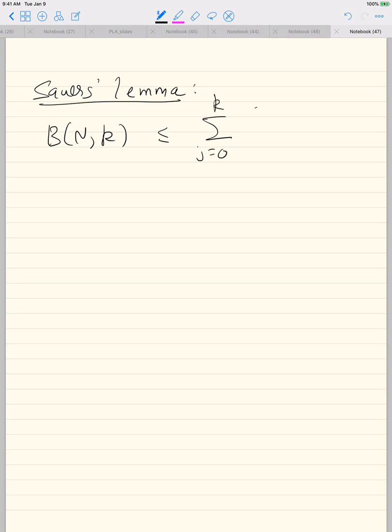Once you have this, there is a lemma called Sauer's lemma, which says that B of n, k is less than the summation of j going from 0 to k minus 1 of n choose j, as in the statement of the theorem. The final result follows by just expanding this binomial summation, and you end up with this. So this is the first part of the proof.